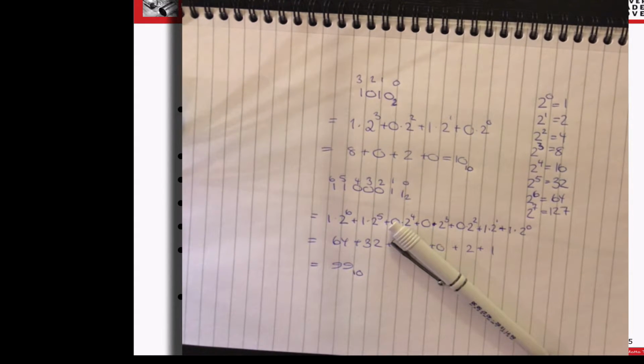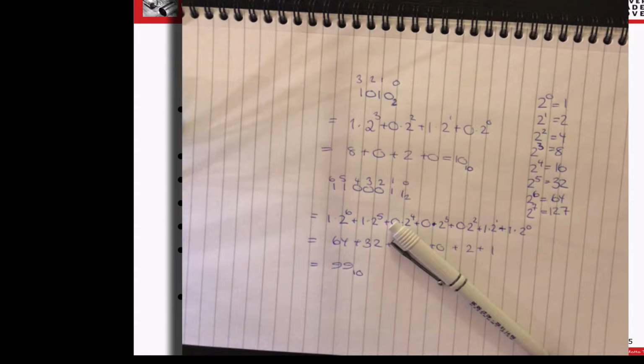Take 3 divided by 2, which gives me 1.5, which is a whole part of 1 and a remainder of 1. Then I take 1 divided by 2. I continue to divide by 2 until I reach 0, and this gives me 0.5, which gives me a remainder of 1. As you may see, these remainders now make up the binary number, and I read it from the bottom and up.